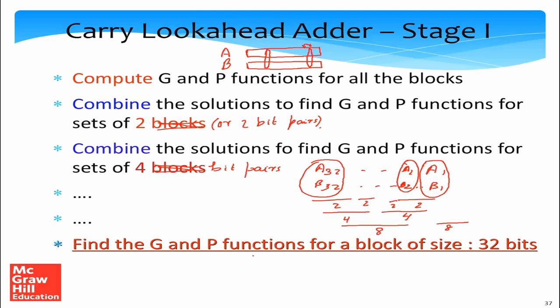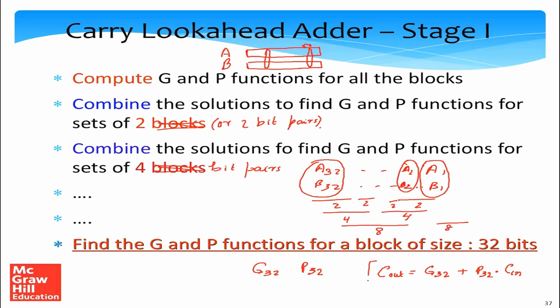So at the end of this exercise, what do we have? We essentially have G32 and P32. So what is the final carryout? The final carryout of the 32-bit addition is G32 ORed with P32 and the carry in, if there is a carry in, right?